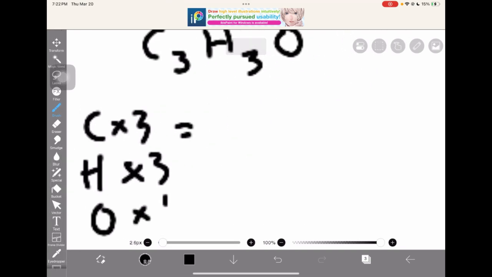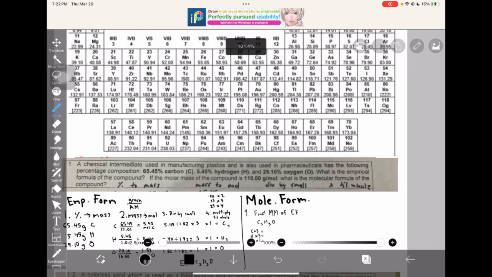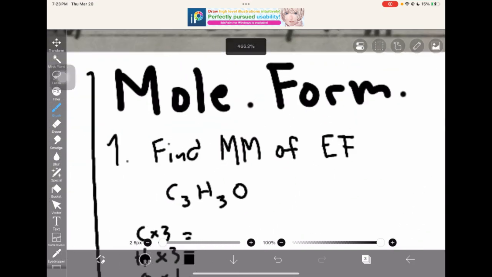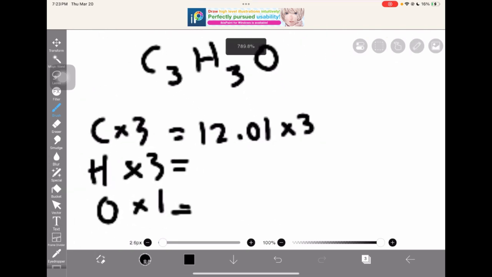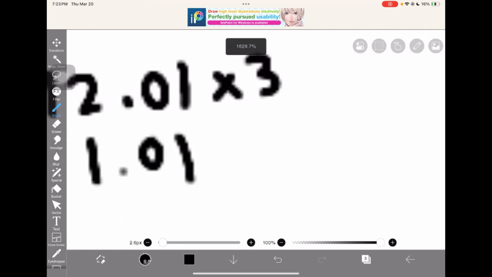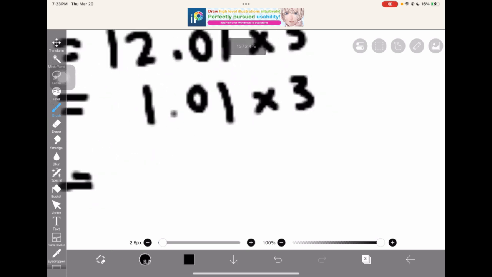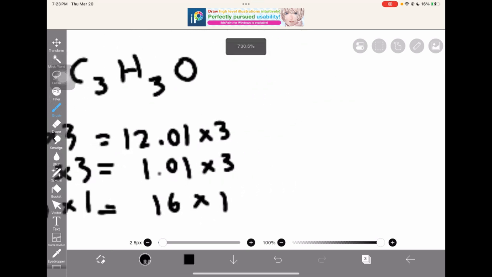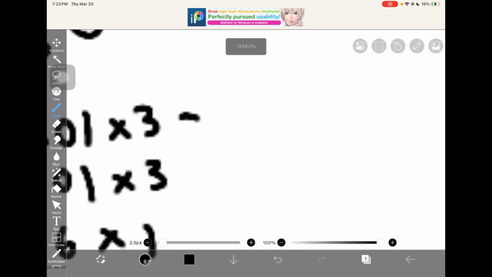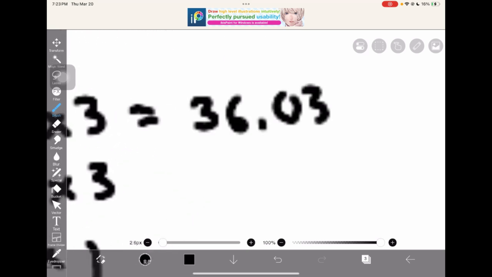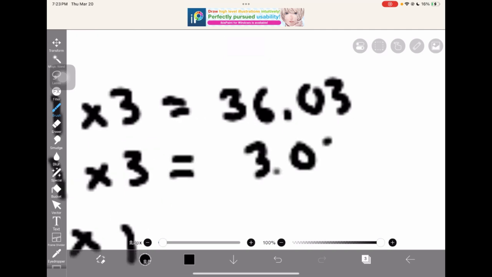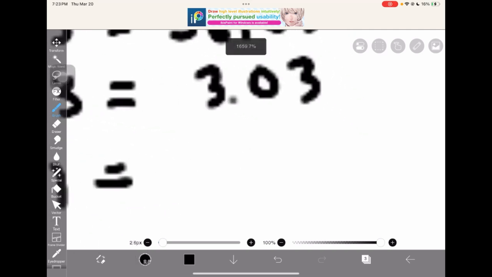So let's find out those values. C is carbon, 12.01 times 3. H, we all know it by now, is 1.01 times 3. And O is just 16 times 1. Perfect. Now we need to find the molar mass. That's 36.03 plus 3.03 plus 16.